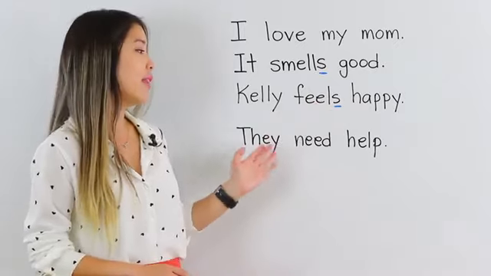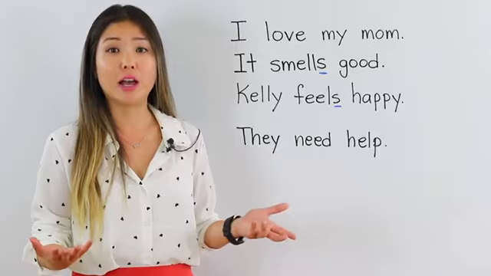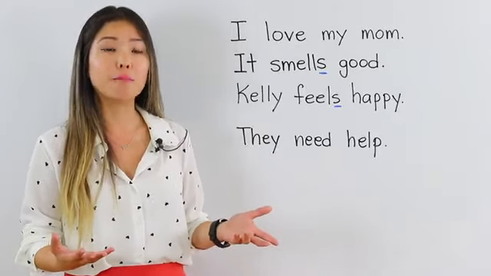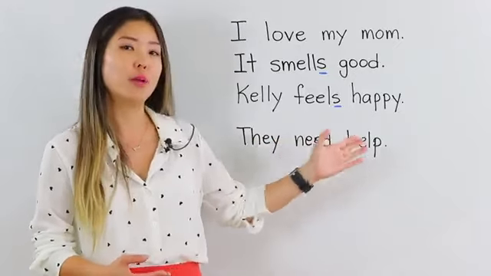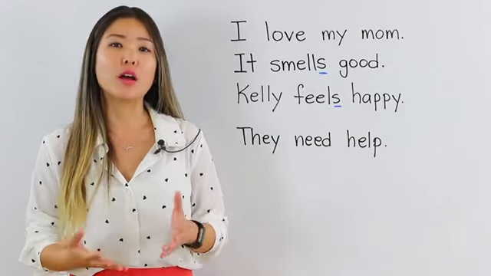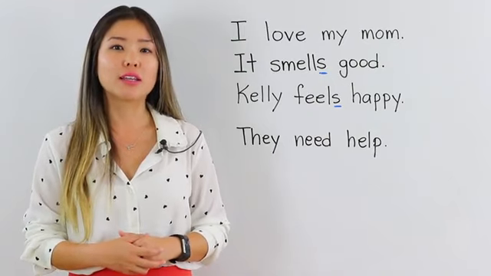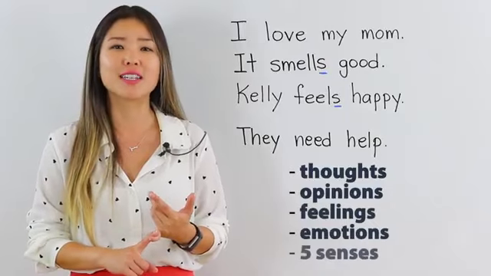And finally, they need help. We don't say they are needing help, even though it's happening right now. Need is non-continuous, so we say they need help. So remember, you also use the present simple tense with non-continuous verbs connected with thoughts, opinions, feelings, emotions, and our five senses.